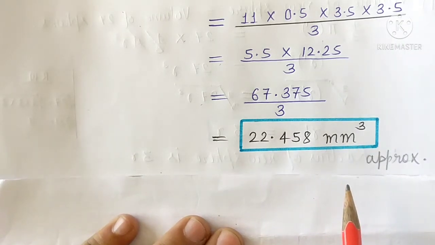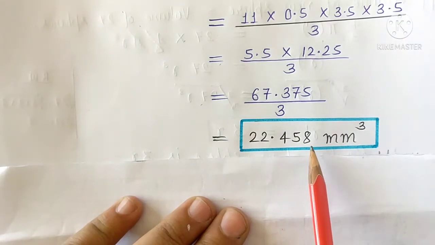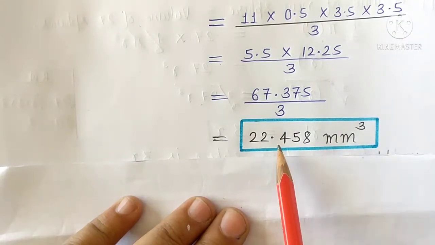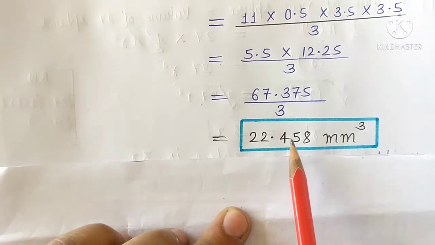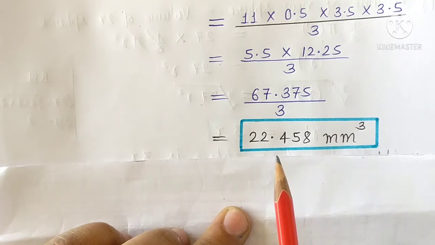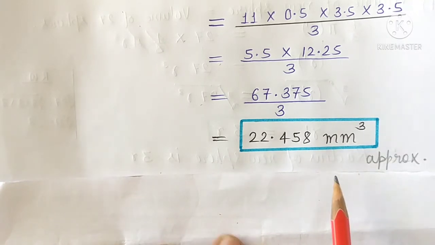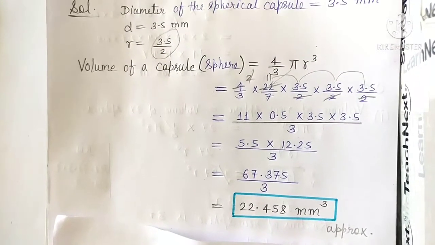This is the volume of what? The capsule. Remember that more decimal numbers are coming, but I have taken only 3 decimal places here, so your answer can differ slightly. So you can write approx value. This is the approx value of the volume of that capsule.